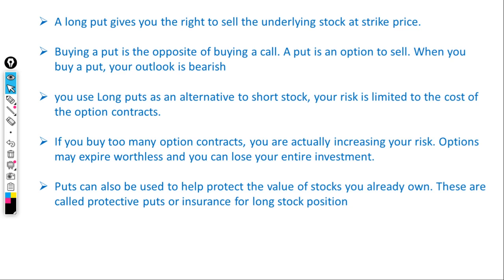Now the problem with the protective put is that it is not necessarily true that every month the market is going to crash and your put option will give you huge value and protect your portfolio. The cost of applying the protective put every month will add up, and ultimately after the 12th month you are going to lose money due to that protective put.